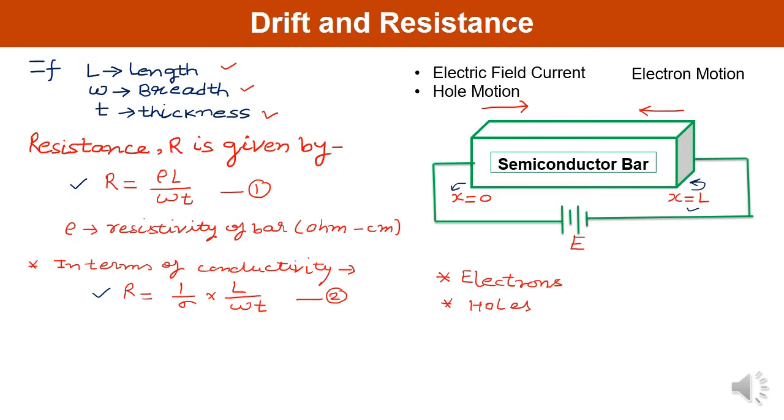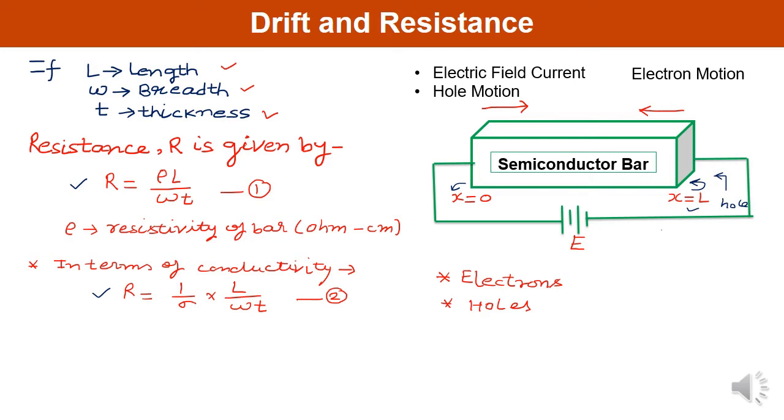And when a hole reaches this particular end, at x is equal to L, it recombines with an electron, and this electron is supplied through the external circuit.